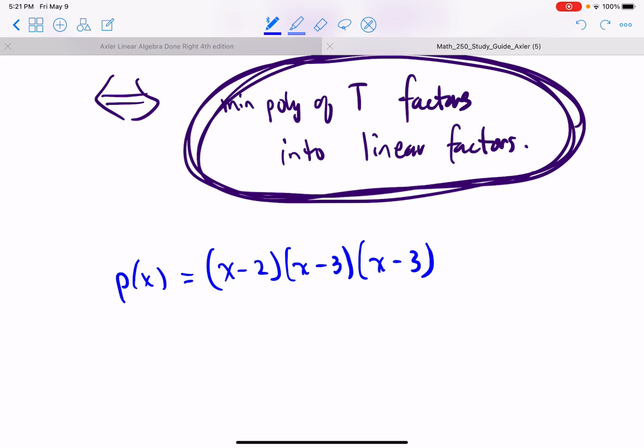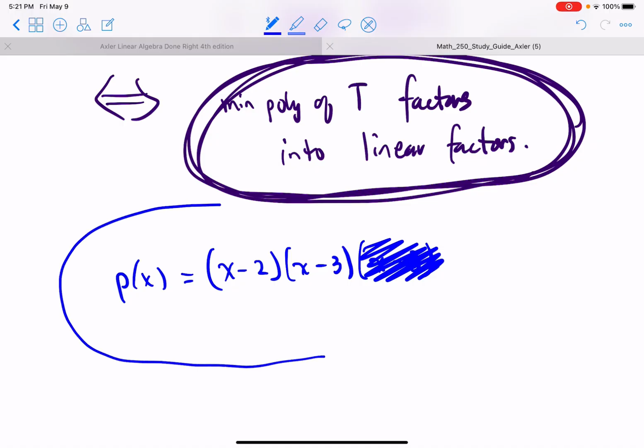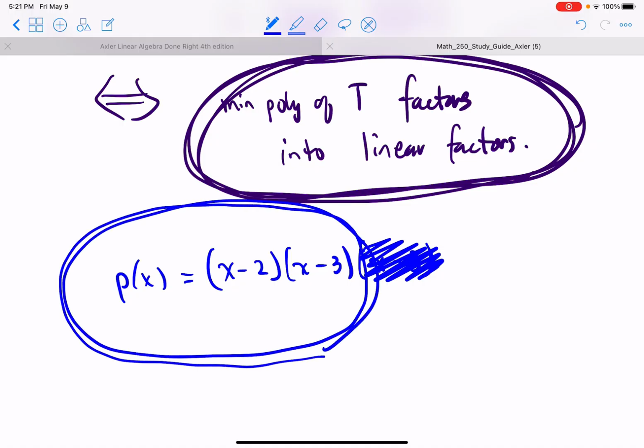If you didn't have this repeated factor, then what we'll later prove in the book is that your minimal polynomial factors into linear factors where each factor is distinct if and only if you're diagonalizable. And that is a theorem that we will see soon.